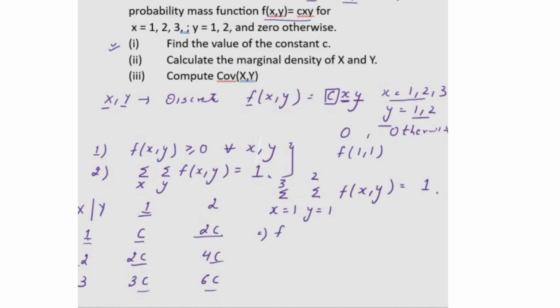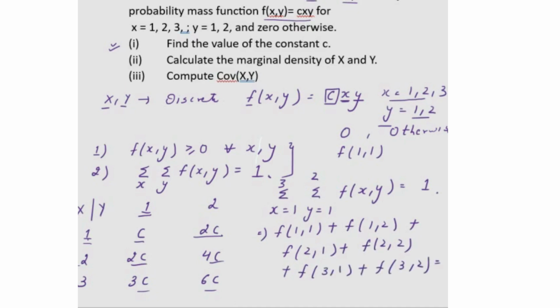That is, f(1,1) plus f(1,2) plus f(2,1) plus f(2,2) plus f(3,1) plus f(3,2) must equal 1.